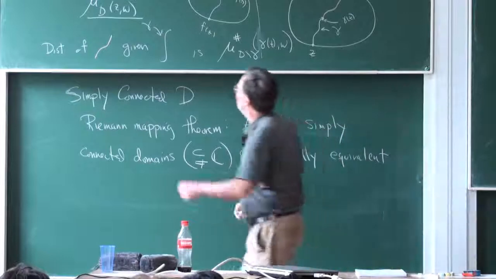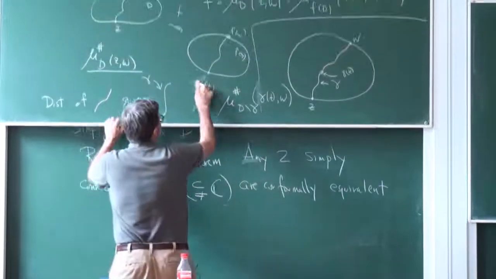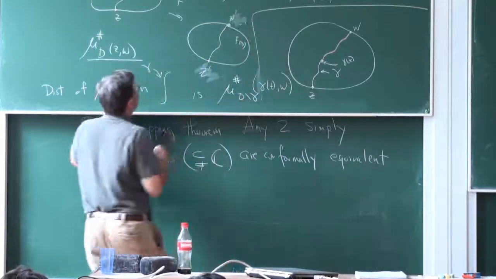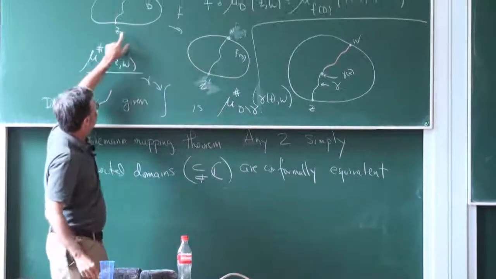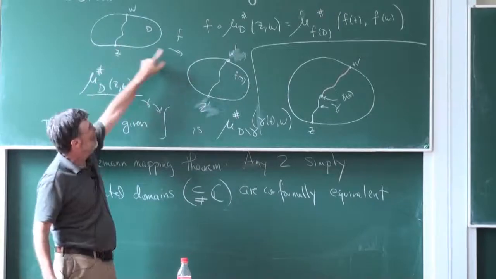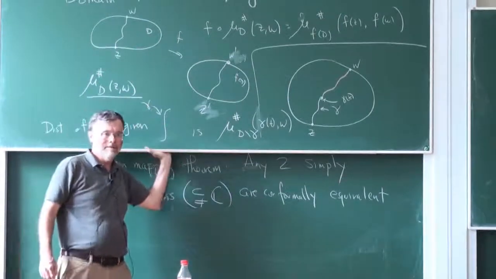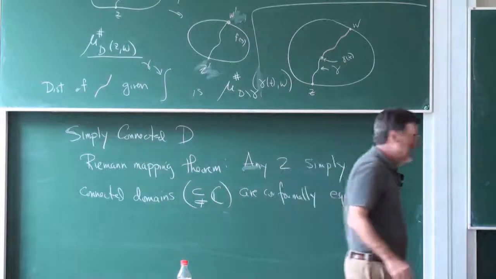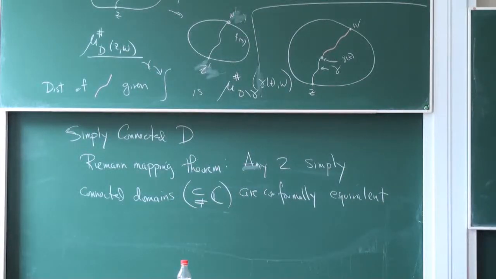Moreover, if I make this point z prime and this point w prime, I can find a conformal transformation that sends z to z prime and w to w prime. There's actually a one parameter family of these, and when we get to a particular example, we'll get to this.